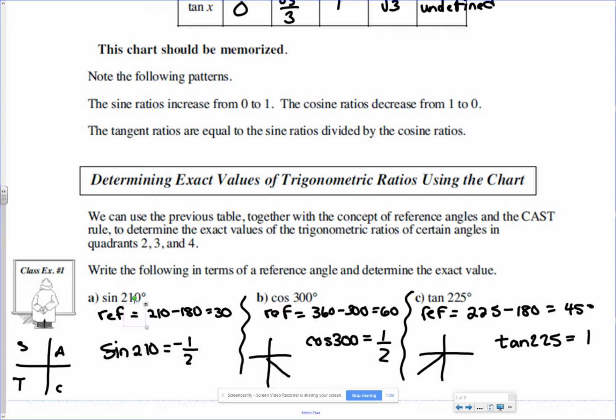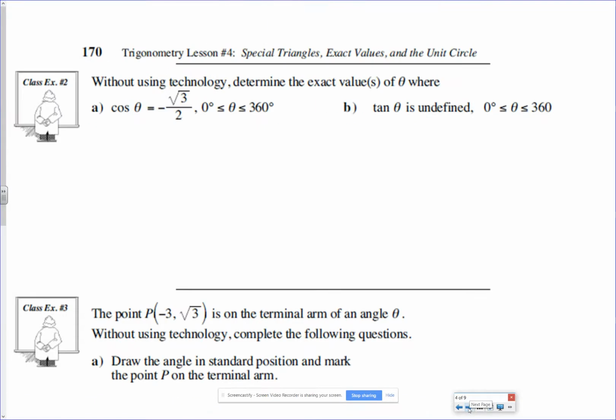So if it lets me flip to the next page here, we can figure out the next questions. So on to page 4, they want us to find the angle. So with this one, we're looking for negative root 3 over 2. If you remember, root 3 over 2 is at 30 degrees. So from our chart on the previous page, our reference angle for this is 30 degrees. And then we'd have to figure out using CAST rule where it is going to be a negative value.